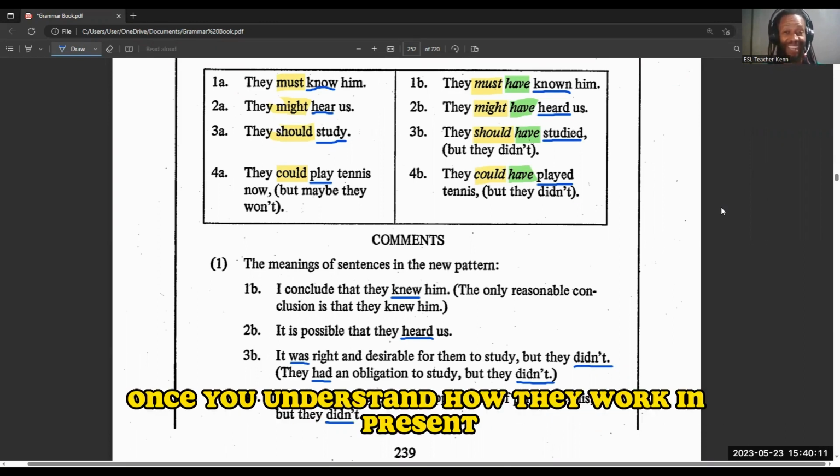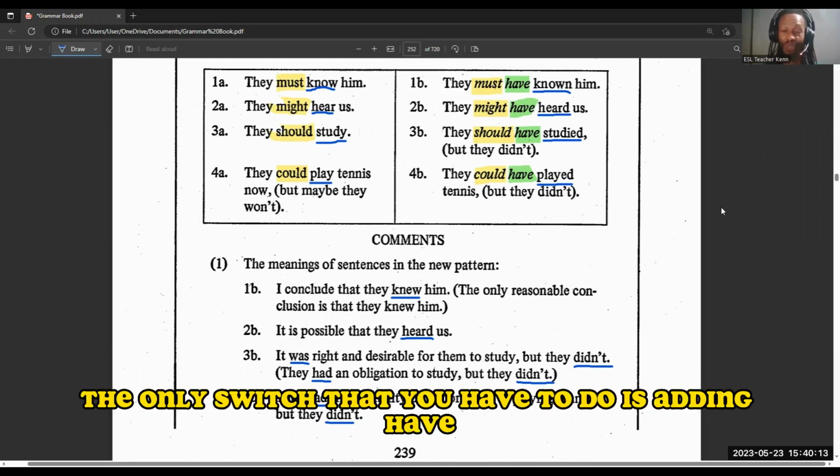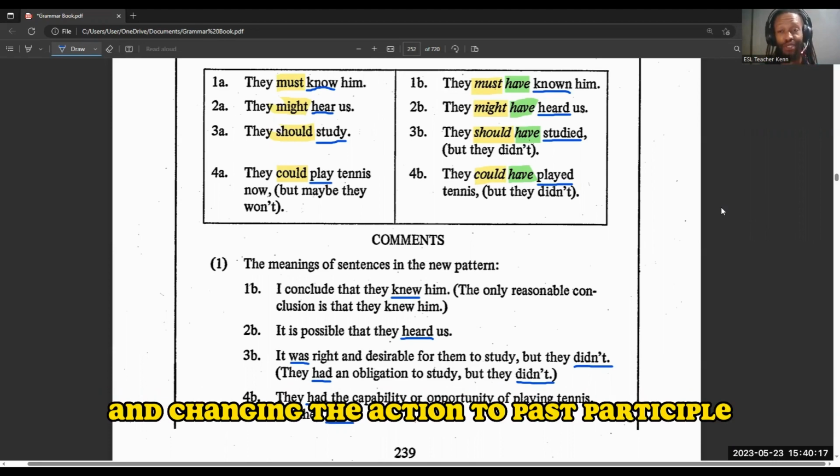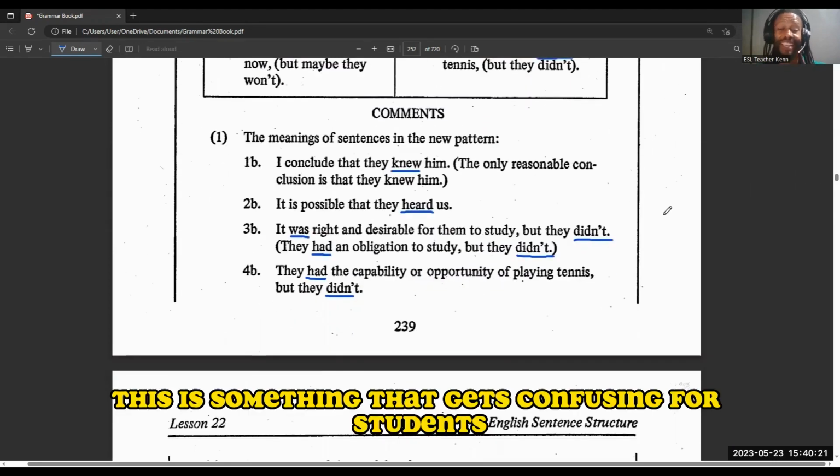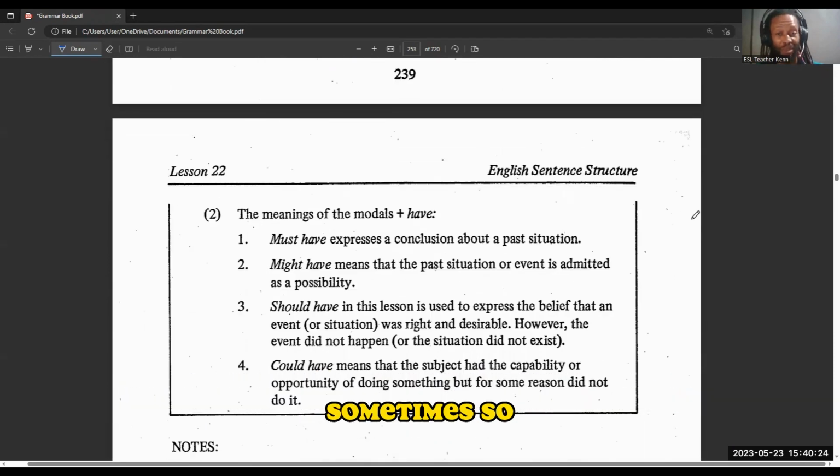Once you understand how they work in present, the only switch that you have to do is adding have and changing the action to past participle. This is something that gets confusing for students sometimes.